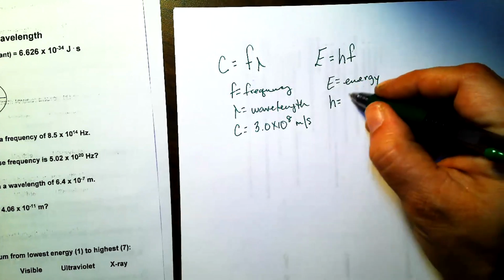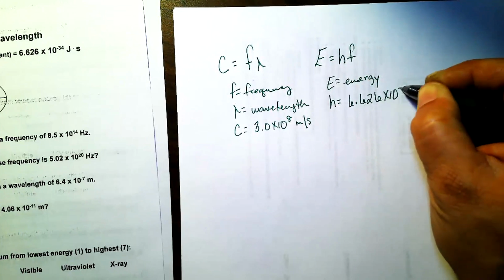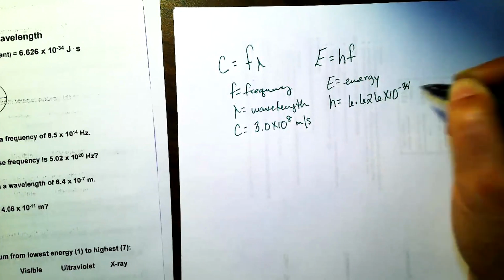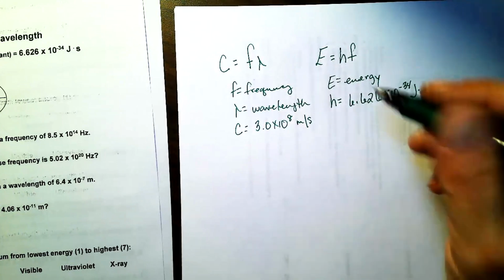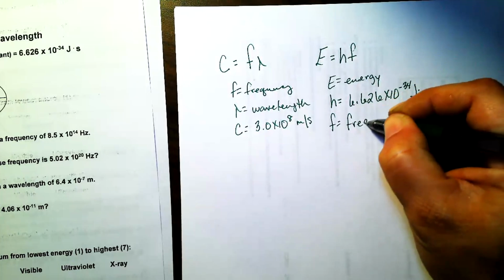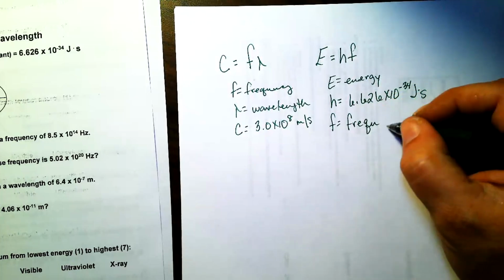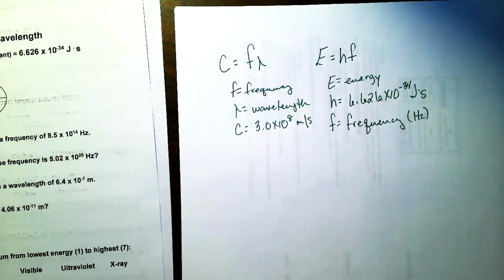Planck's constant is 6.626 times 10 to the negative 34, and that's joules per second. And then f is frequency, and we measure frequency in hertz.